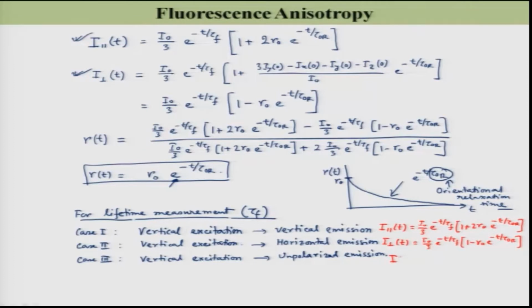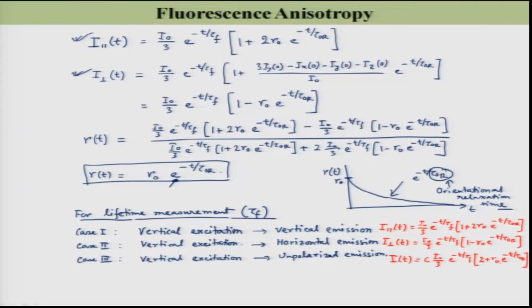So, I do not write I parallel or perpendicular, I just write I t. This will be equal to some constant, then I 0 by 3 e to the power minus t by tau f into 2 plus r 0 e to the power minus t by tau r.